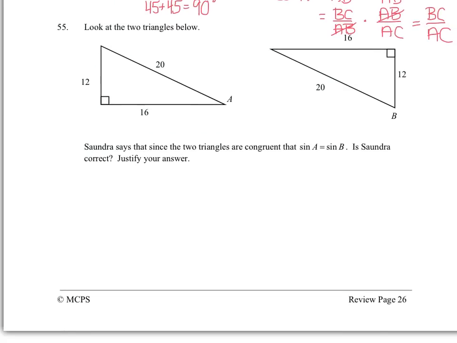For question 55, look at the two triangles below. Sandra says that since the two triangles are congruent, then sine A must equal sine B. Is Sandra correct? Justify your answer. So Sandra is not correct. She is correct that they're congruent.